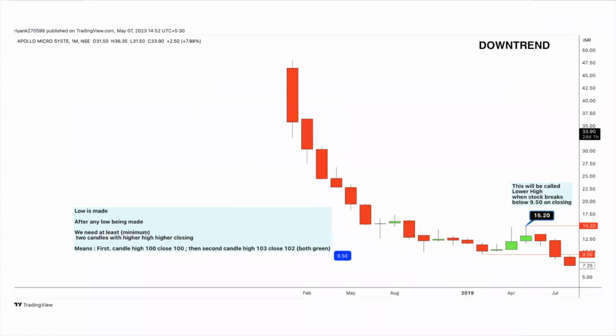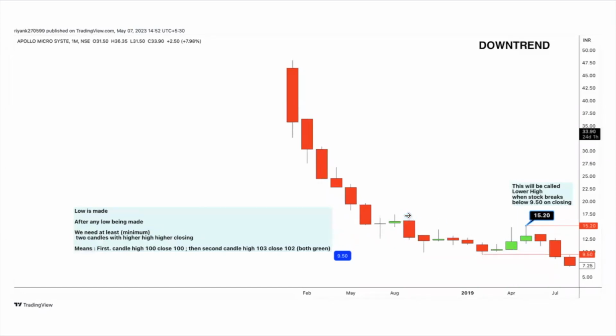First is a downtrend. For a downtrend, what really happens is that the stock is seen to go down, and after a low is made, we need at least 2 candles with higher high, higher closing. ठीक है, तो ये जो 2 candles बनेंगी, we need at least 2 candles. कम से कम हमको 2 green candles चाहिए, and both of them should have higher high, higher closing.